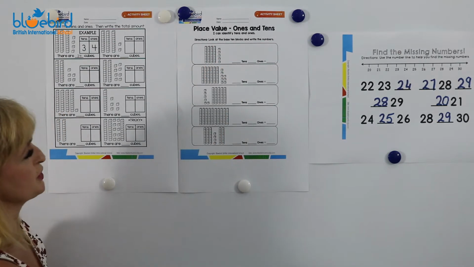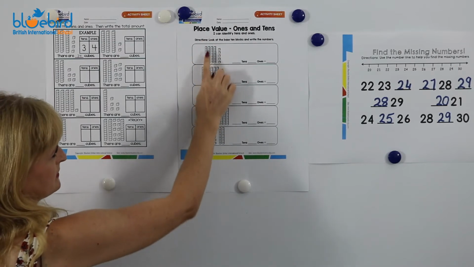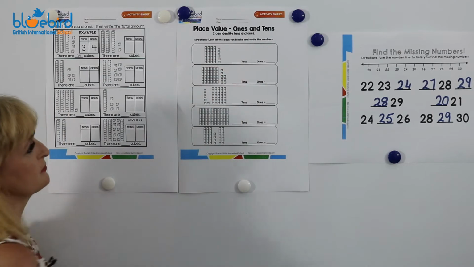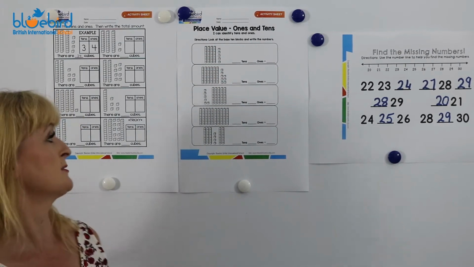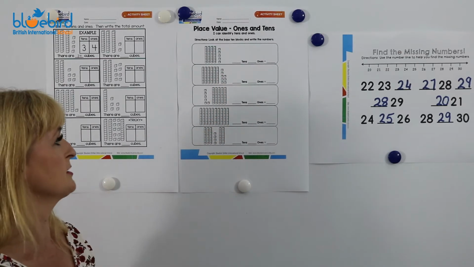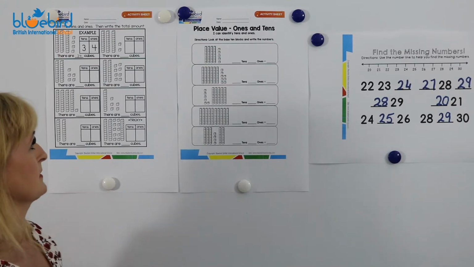So if we were to count each one, we know it would count up to 10. So the tens and the ones are all separate. We've been separating our tens and our ones and putting them together to make larger numbers, or breaking the number down into tens and ones.